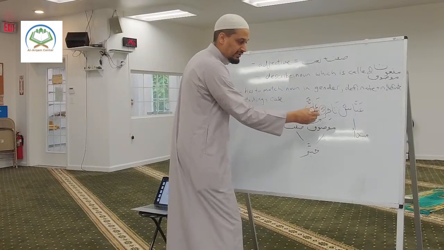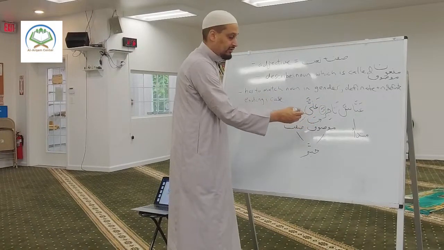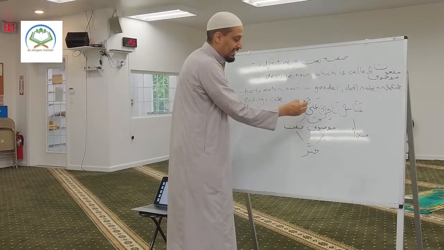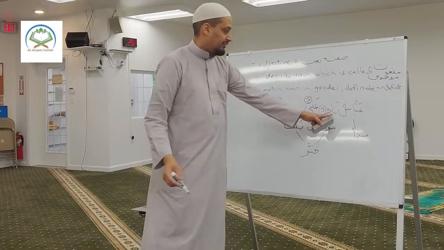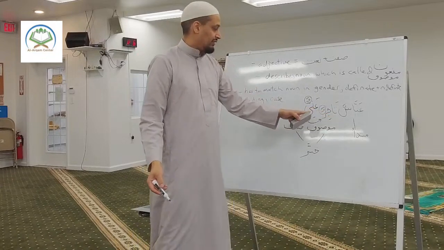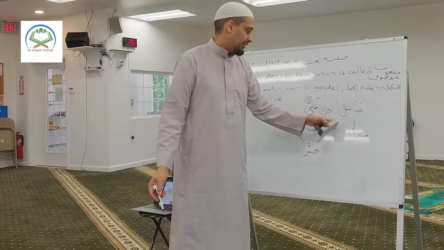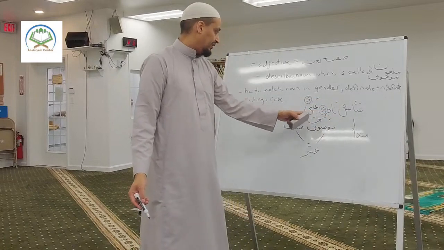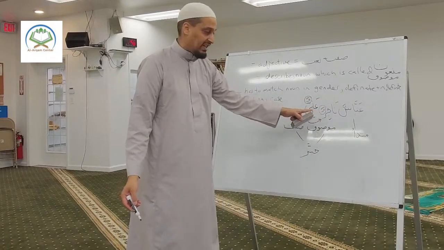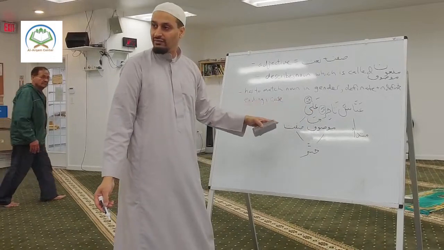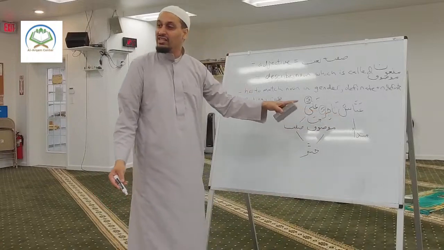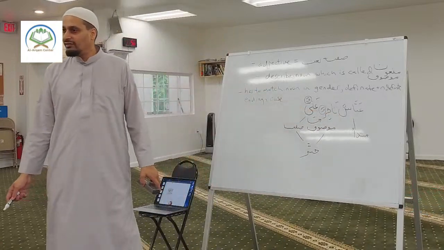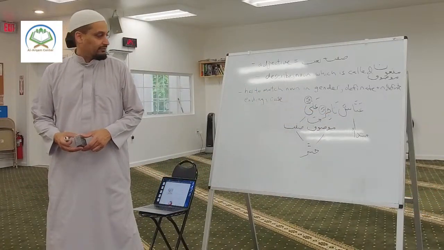Now, look. So this is the mawsuf, right? Sifa has to match. So this is masculine. Sifa masculine. Indefinite. Indefinite. Ending, two dhammas. So it has to match in every single way. You get it? But the last one, the case.